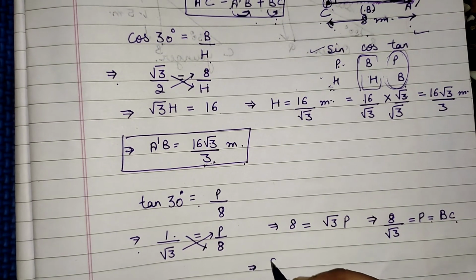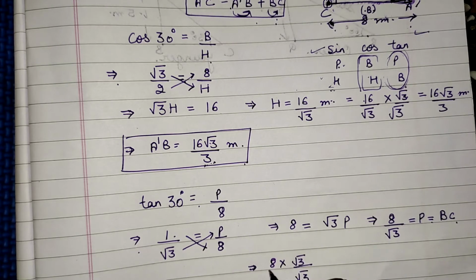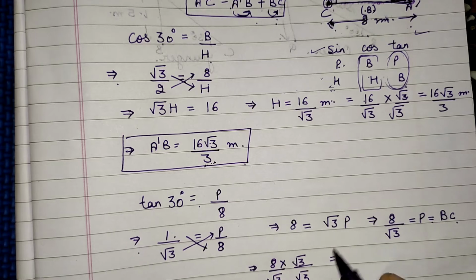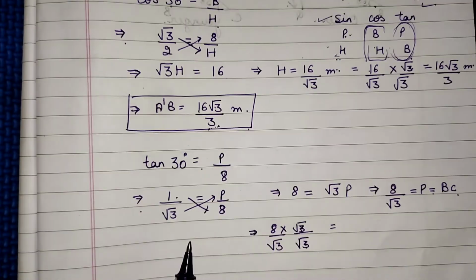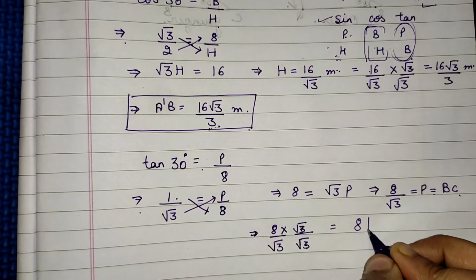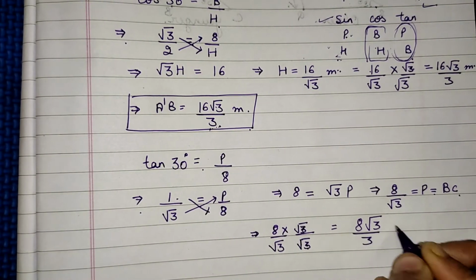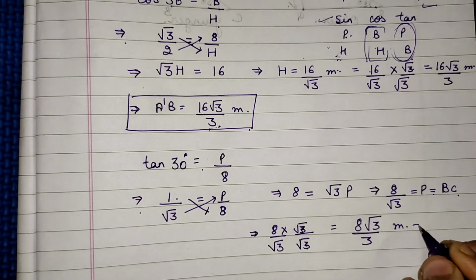So we do not generally leave our answer in under root. So I am going to multiply and divide my numerator and denominator by root 3. So 8 root 3 by 3 meter will be my BC.